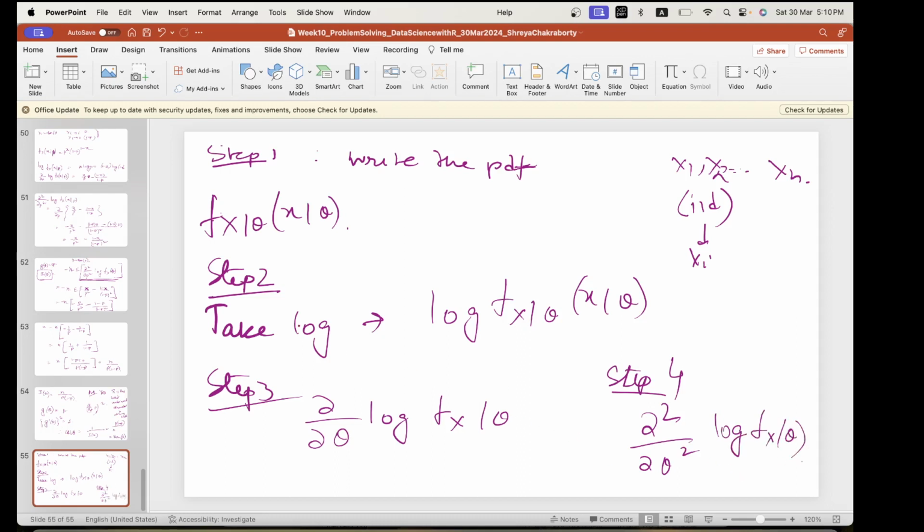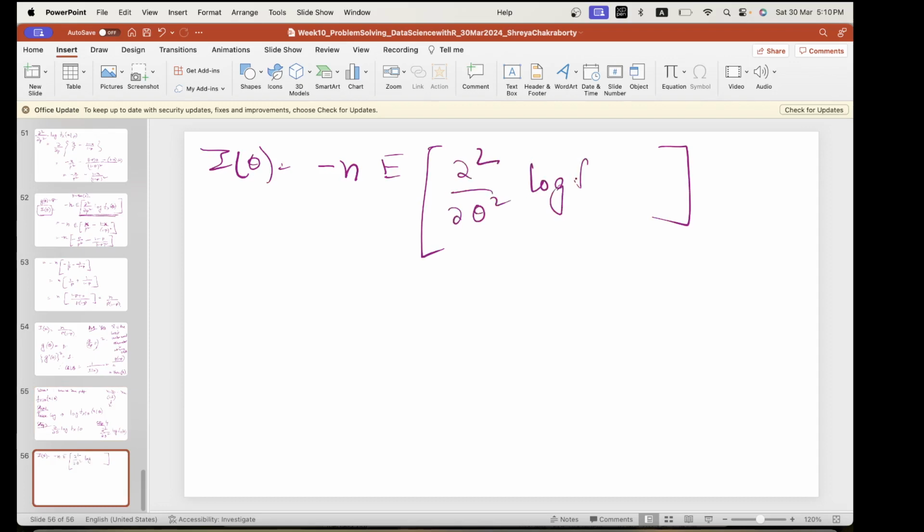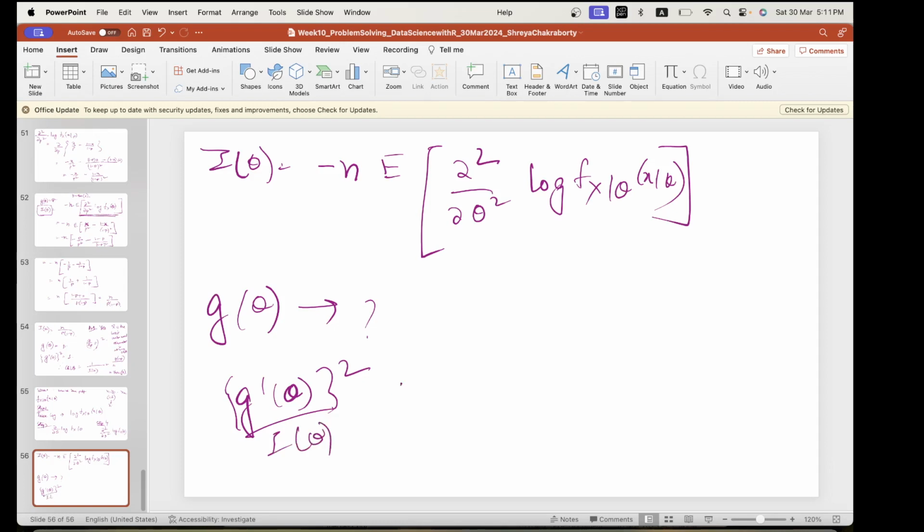Okay, once you are done with this, then calculate I theta. I theta would be minus n into expectation of this one that you got with one variable, del theta square log of f of x given theta. Okay, and then you find out g theta, what are you estimating, and then g prime theta whole square by I theta is going to give you your CRLB.